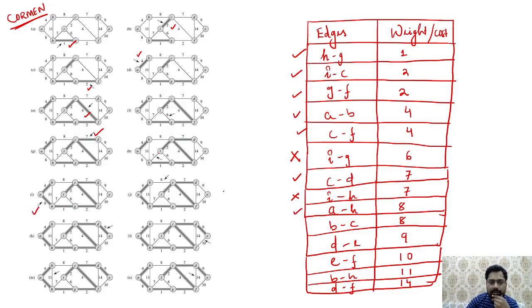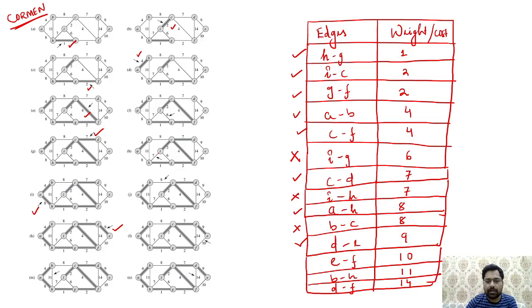B to C. B to C, if I take this one, it will be a cycle. Clear? So that is why we have to remove. Next, D to E. D to E, if I keep this one, no cycle could be formed. You can check here. Next, E to F. E to F, if I keep this one, a cycle could be formed.